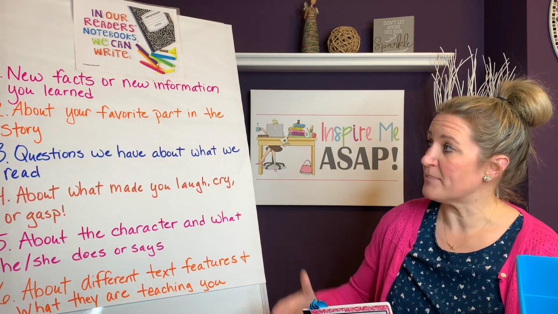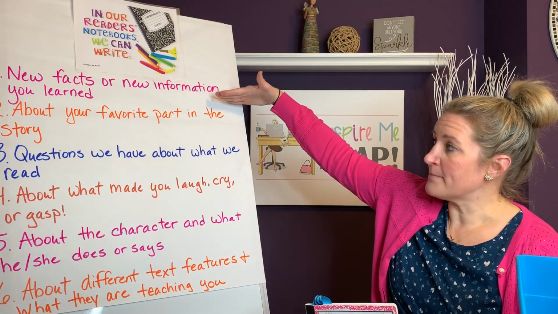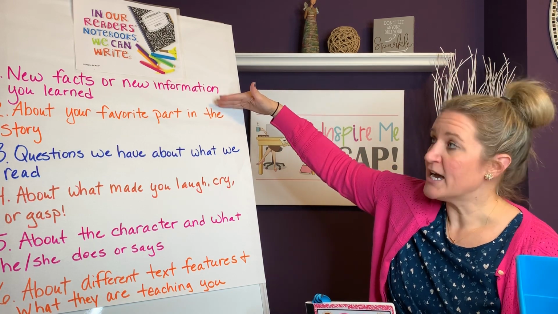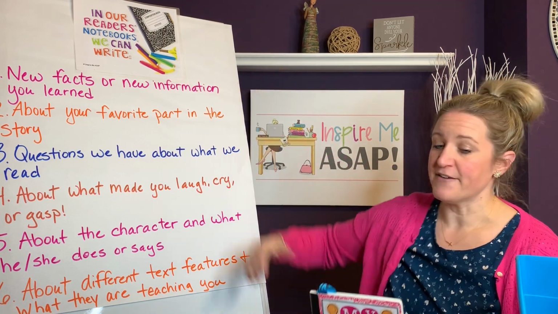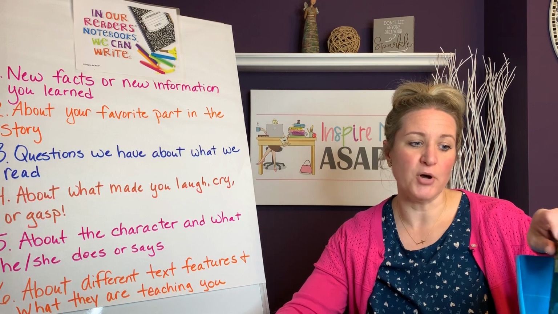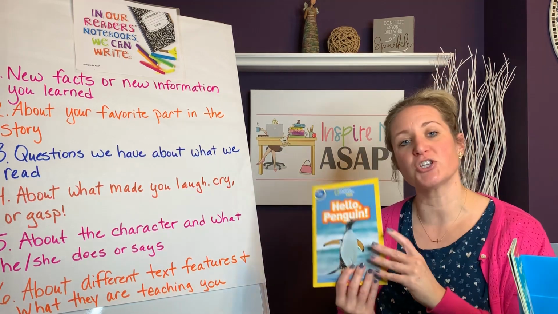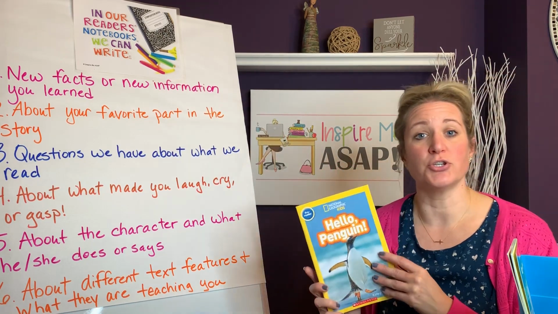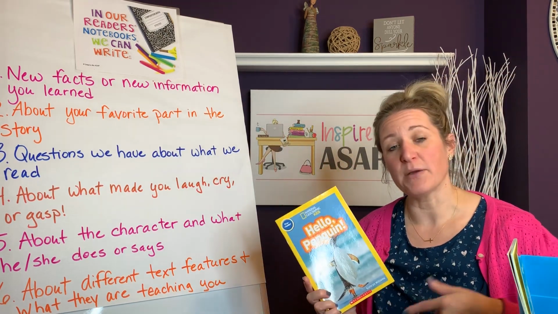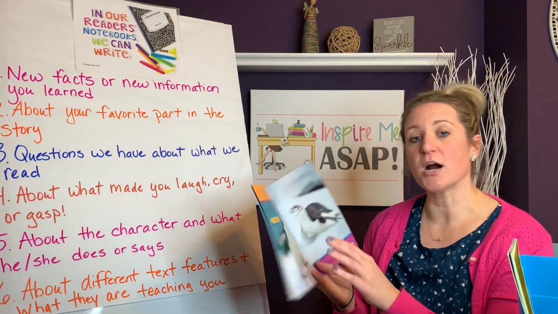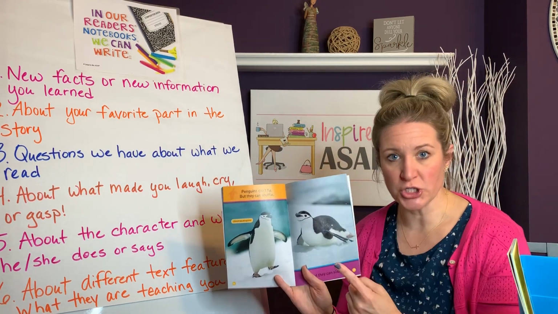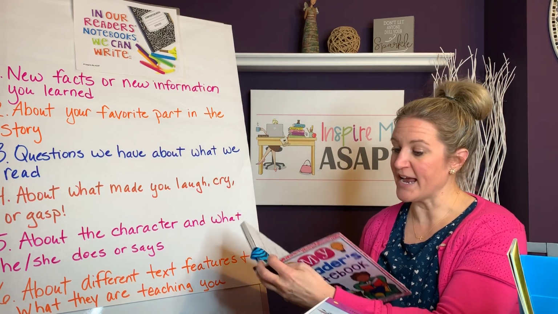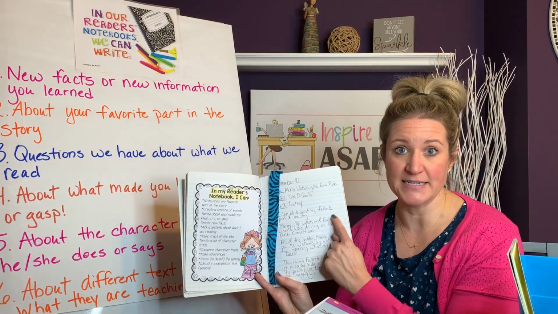So for example, I would dedicate one of my mini lessons to explicitly teaching and demonstrating to my students what it would look like if I were reading a nonfiction book, and oh, I learned a new fact. I learned a new piece of information. And I would explicitly read a part in the story where I learned a new fact, and then I would open up my reader's notebook and I would show how I would be writing that down.